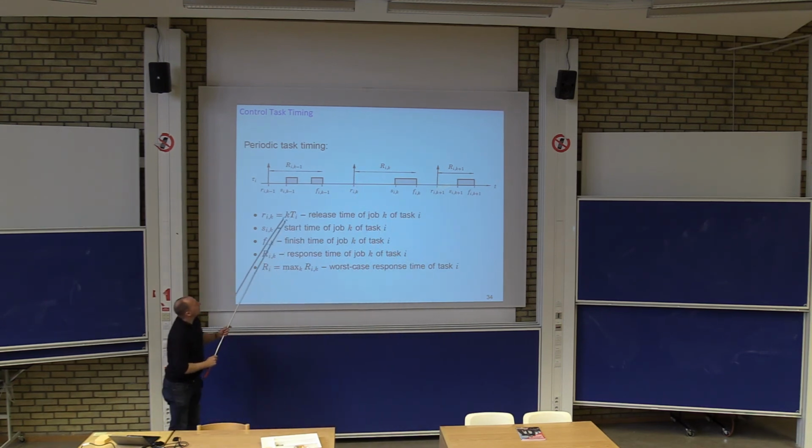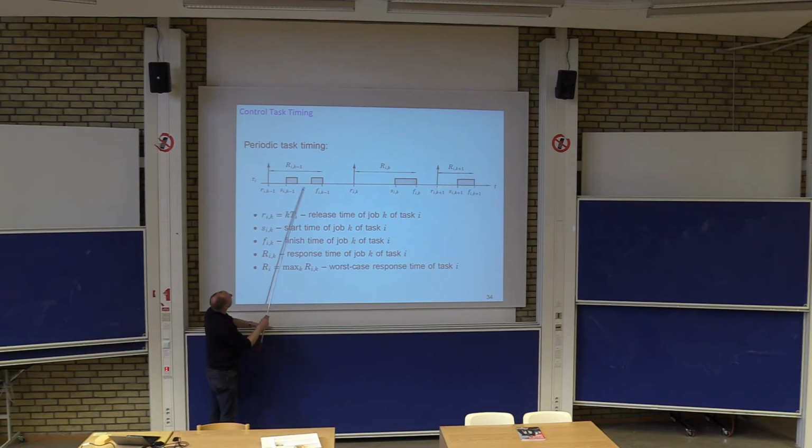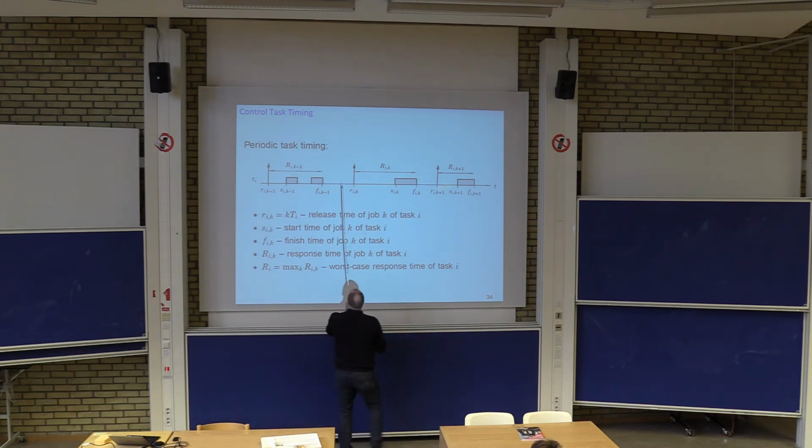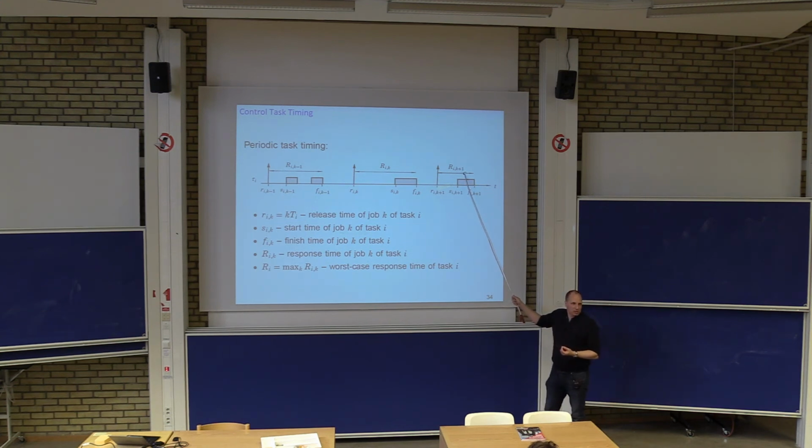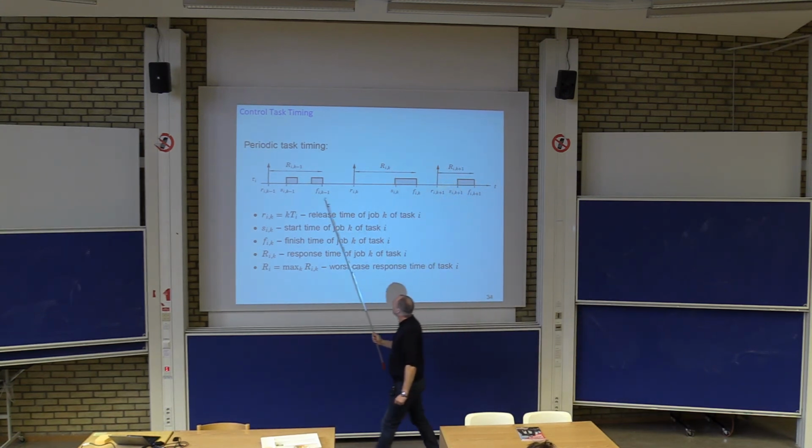One thing we can notice here is that we will have other processes with higher priorities, so the response time will be different from the computation time. Here some other process with higher priority is executing. And notice here that the response time will be different for every k, or it might be different, because it depends on what other tasks would like to execute.